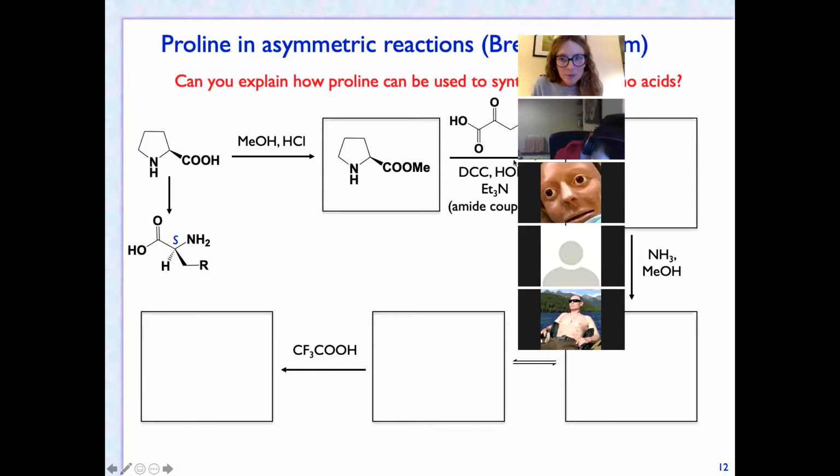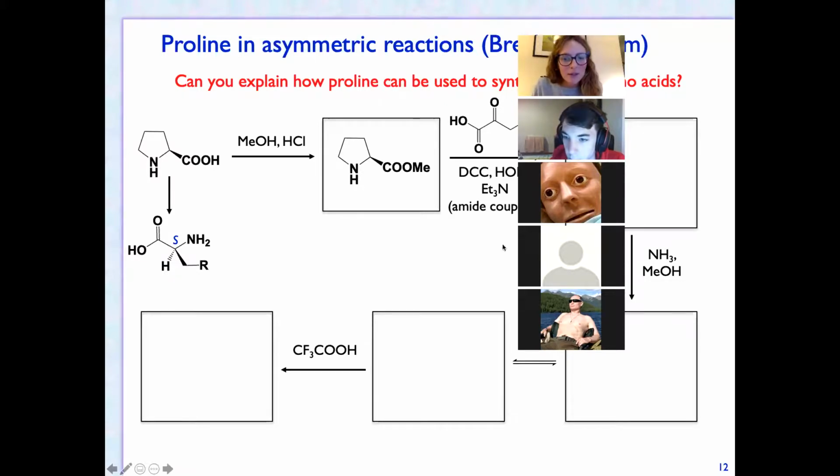Then here I have specified this amide coupling because I'm not sure how much you have seen about amide coupling already or how much you remember, okay? So what do you think happens? What are we referring to when we say amide coupling? That the carboxylic acid making a bond with the nitrogen. That's correct.